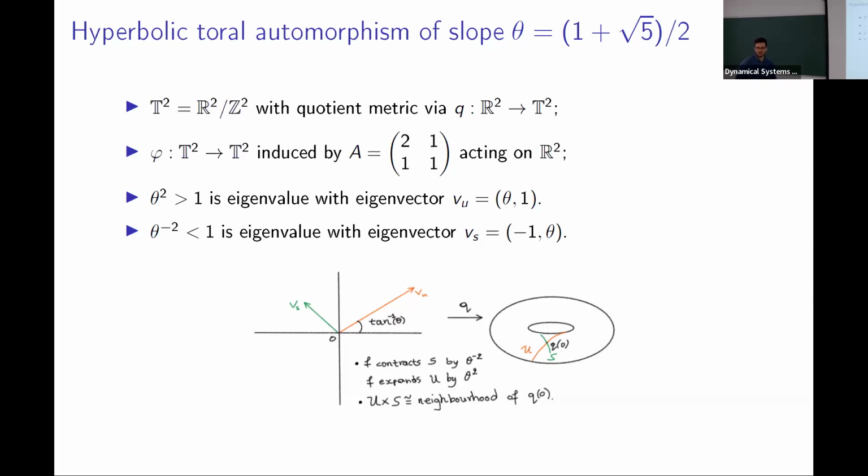So imagine if you iterate it many times. It gets very, very long, this vector. Now, if you project down in the tangent space on the torus, then a very long vector will start wrapping around the torus. Okay? And in the limit, at infinity, it will wrap densely because the slope is irrational.